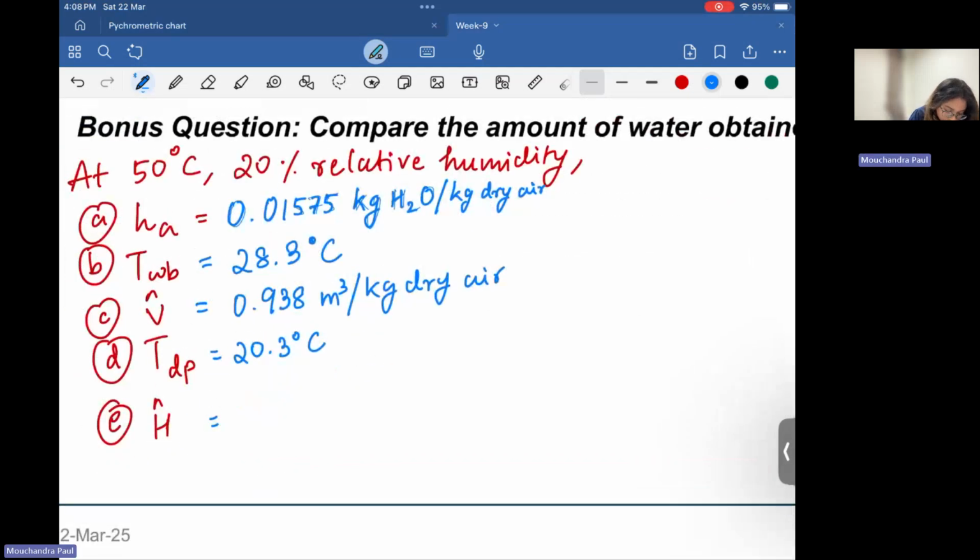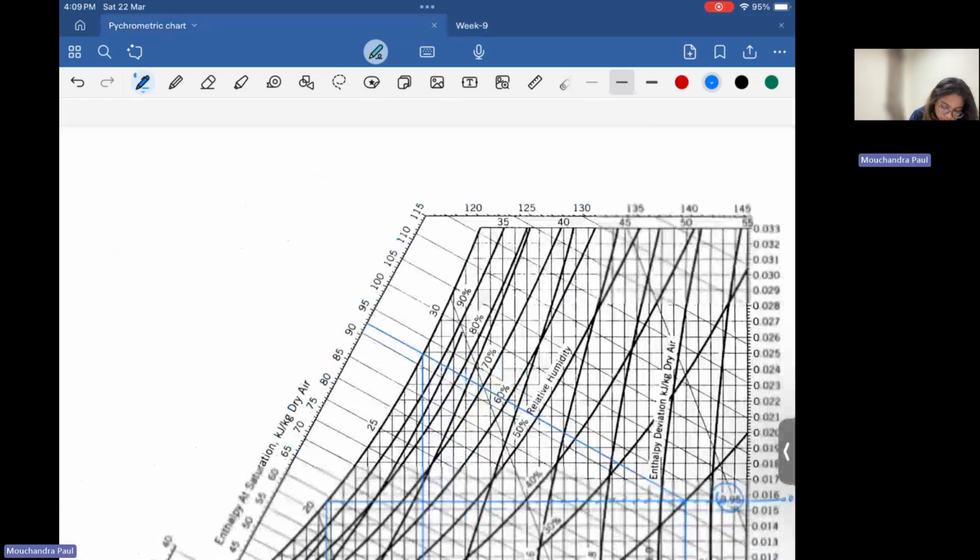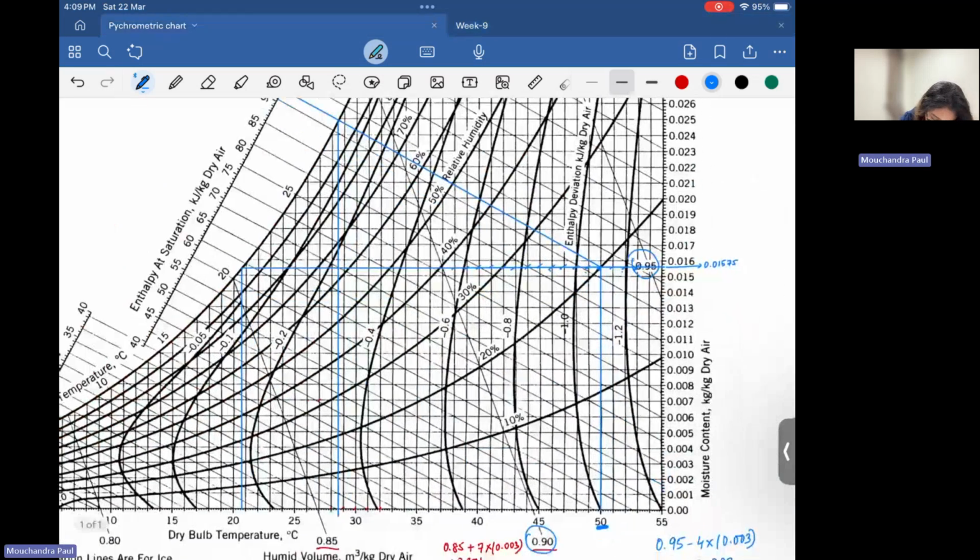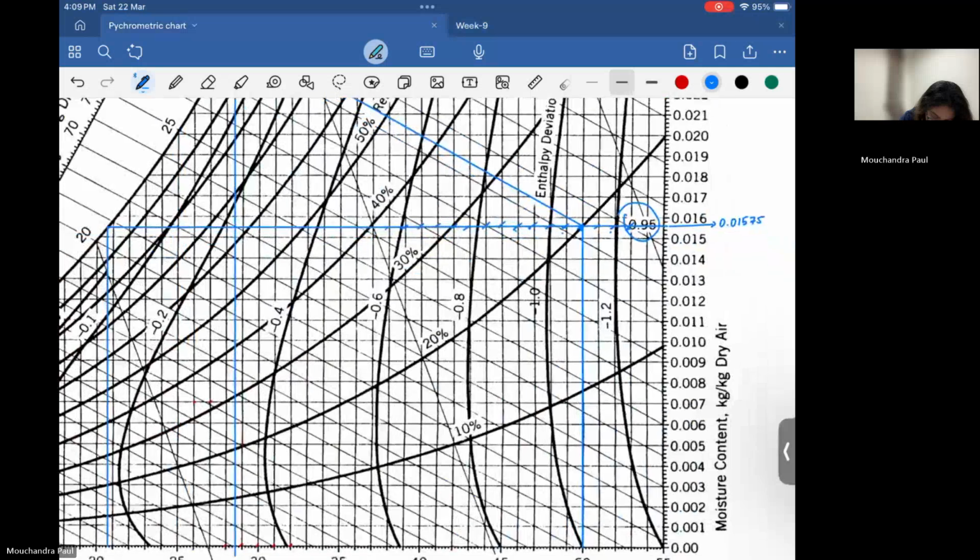That is the enthalpy saturation, minus the enthalpy deviation. Now you have to consider minus 1 and minus 2.